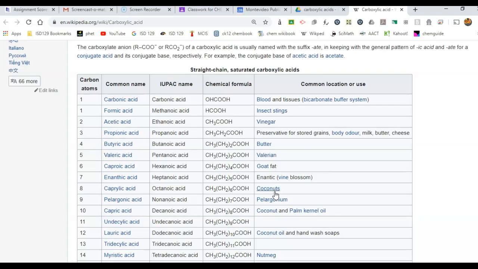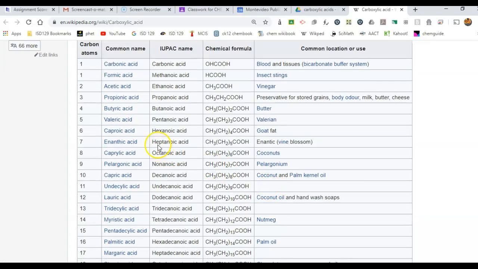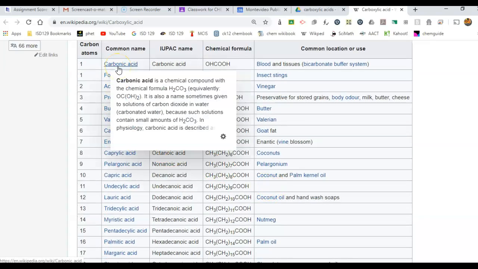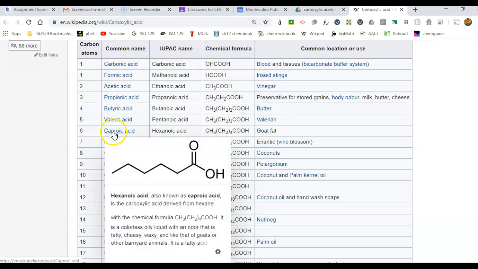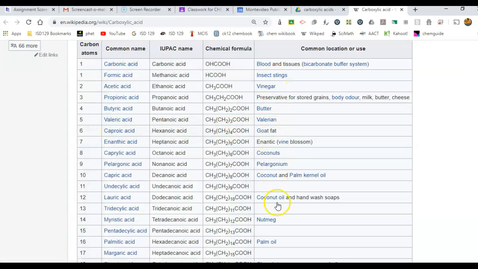Now there are lots and lots of common names, because quite often these chemicals were discovered before they knew what they were, and so they have a name for them. Here's a place where they come from. Caproic acid is from goat fat. That's the same basis as Capricorn, like the Tropic of Cancer, Tropic of Capricorn, and Capricorn astrology.